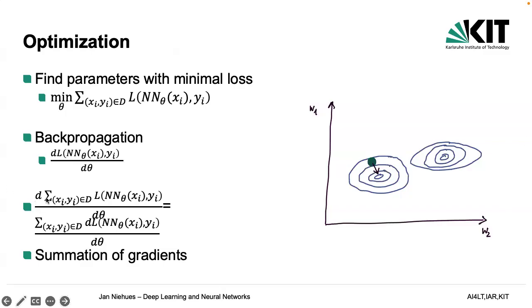So in order to calculate the derivation of the sum of all examples, what we can also do is just sum up all the derivations. We can change these two operators. So that means what we're doing is we're putting in one example, calculating the gradient, then we're doing the next example, calculating again the gradient, and we just have to store the gradients that we have.